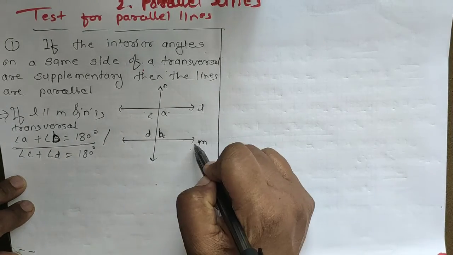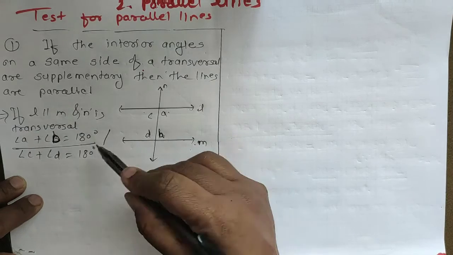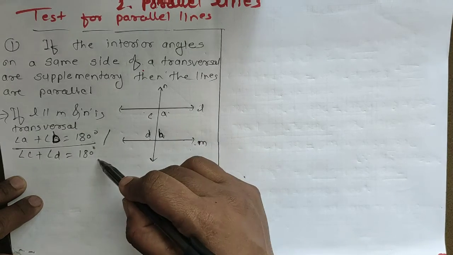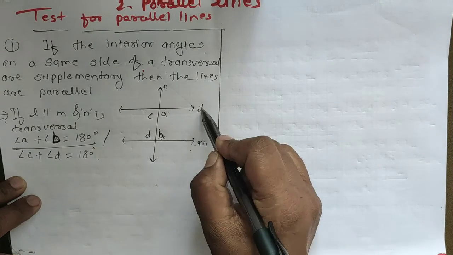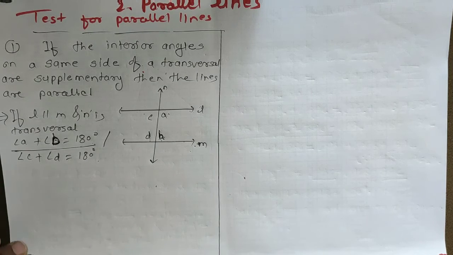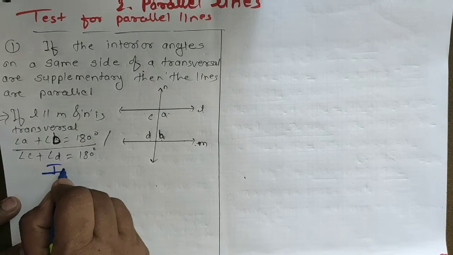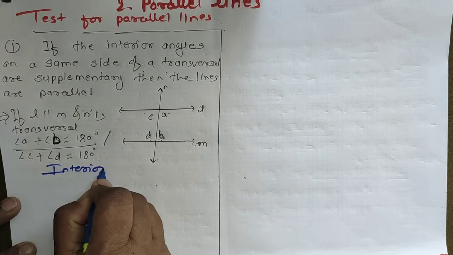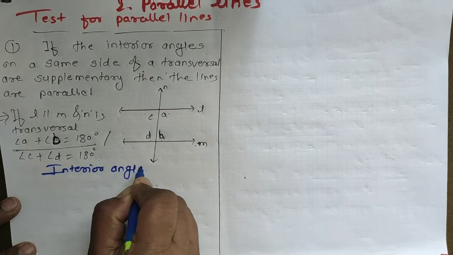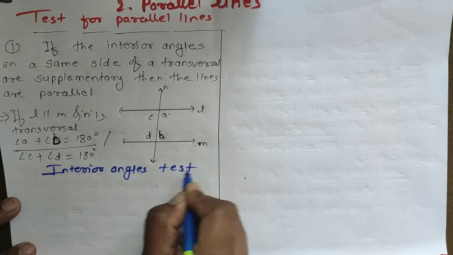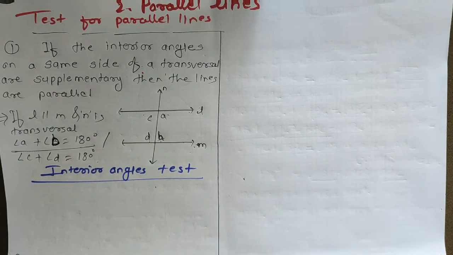If its measure is 180, then the given lines are parallel to each other, and this is called the interior angles test. That proof we will see in our next lecture.